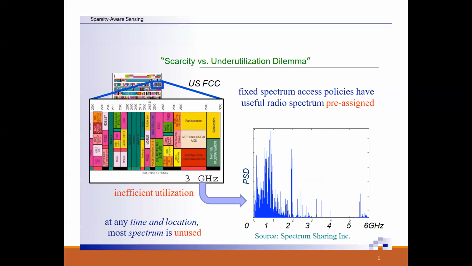Okay, first let us see why we have to think about cognitive radio and what is the motivation behind that. On one side we have scarcity in the spectrum, and on the other side there is a lot of spectrum which is being underutilized. This dilemma gives us the motivation to ask whether we are effectively using the spectrum or not.